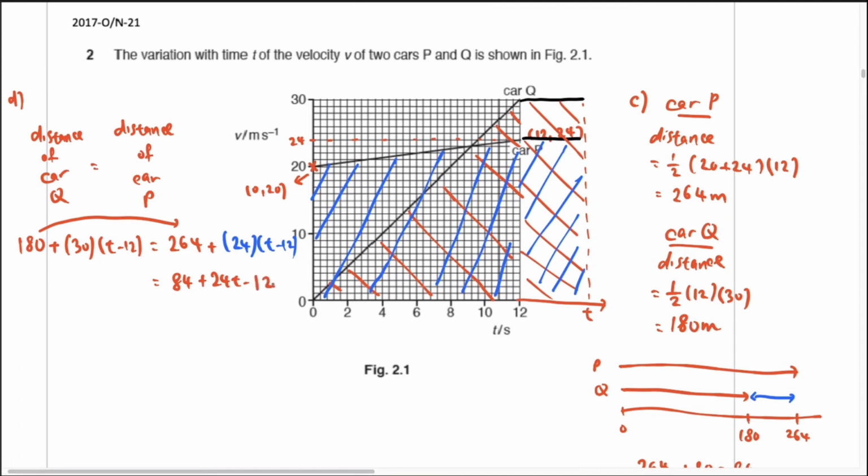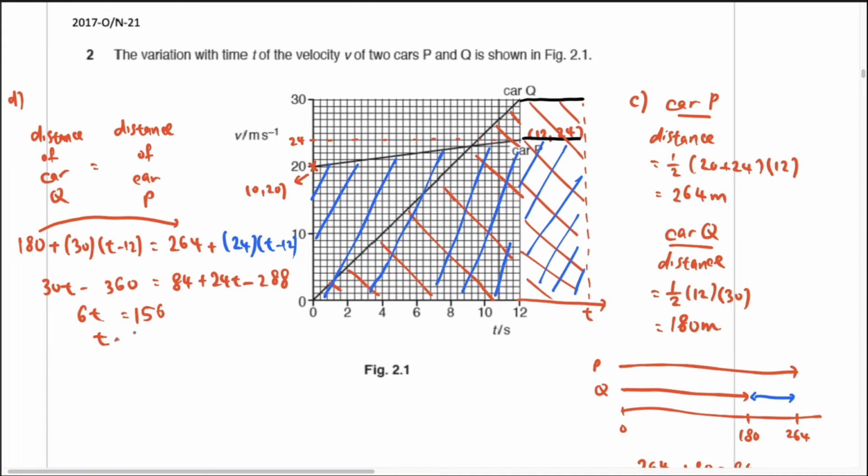Okay, we get 12, 30t. 30 times 12, 360. Just now this one, mistake. 24 times 12, 288. 84 minus 288 plus 360, 156.